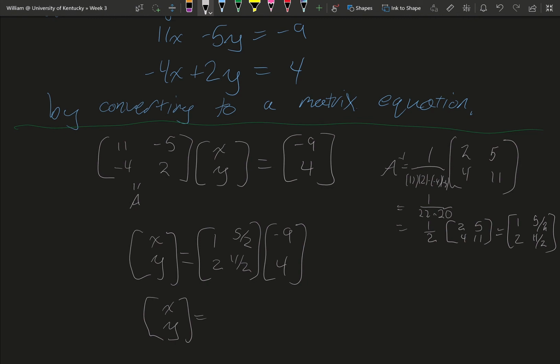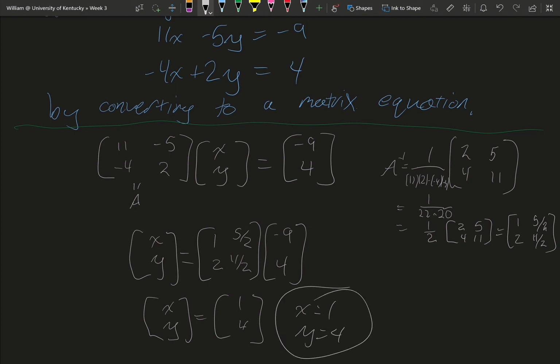And what we should get here is 1, -9 plus 10, so that should be 1, and -18 should be 4. So x equals 1, y equals 4.